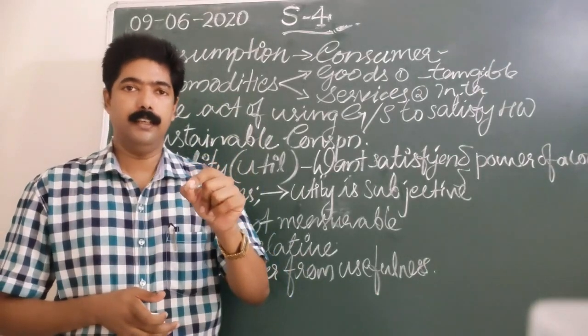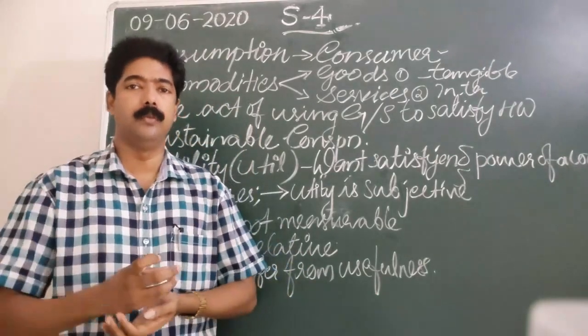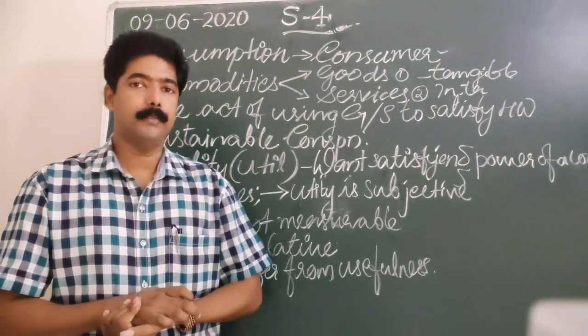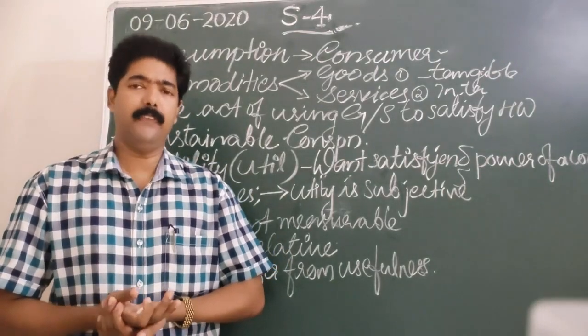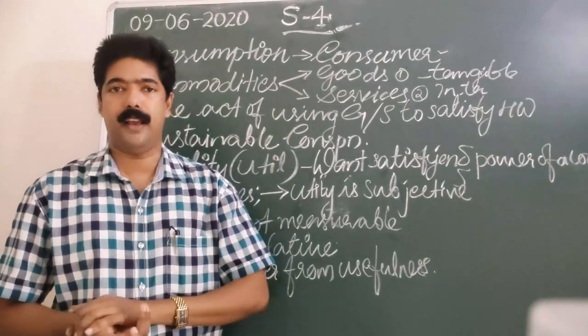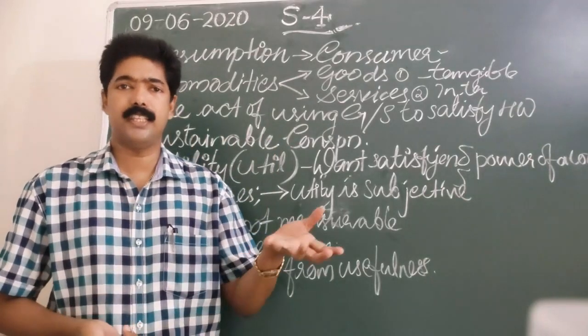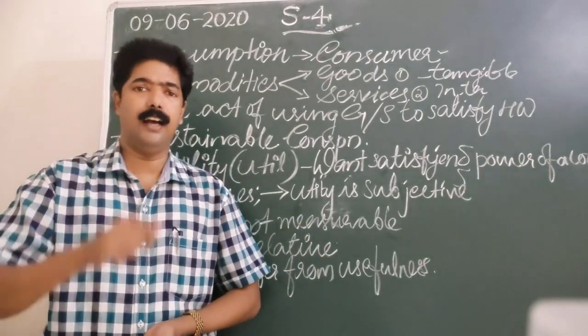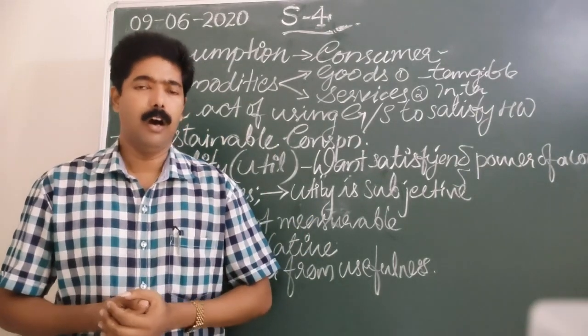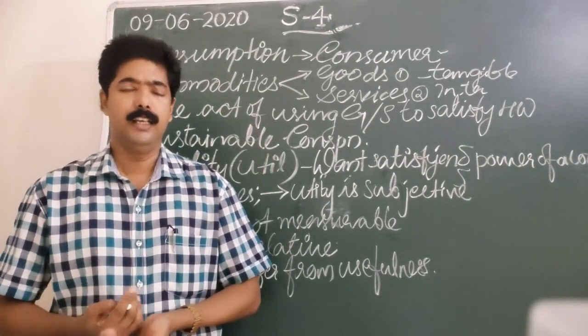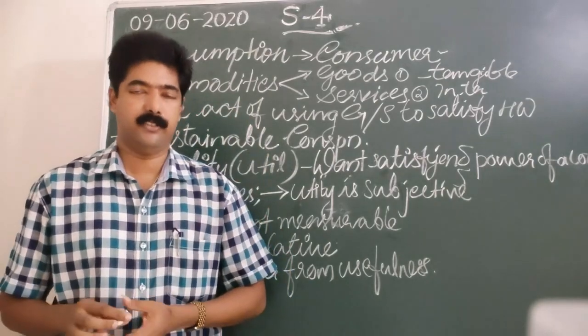In certain situations, when a consumer consumes a commodity, sometimes it is not useful, but it may give some satisfaction. For instance, a drunkard uses alcohol, or a chain smoker uses cigarettes.